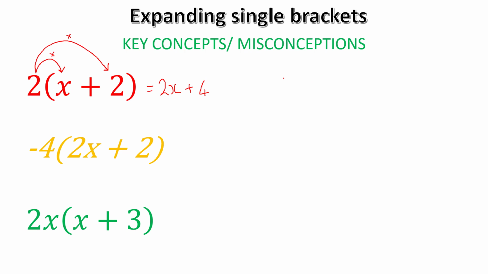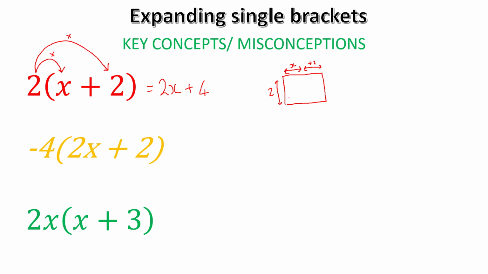Now I'm going to show you why this works, so it helps. So imagine that's a rectangle, and we can say that length is 2. Now it's multiplied by something that, we'll say from here to here, just imagine that's x, and here to here is plus 2.